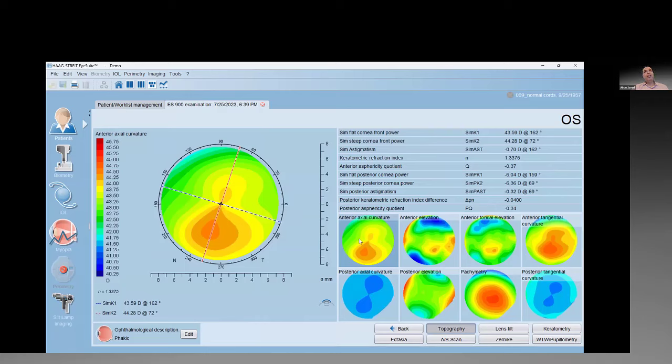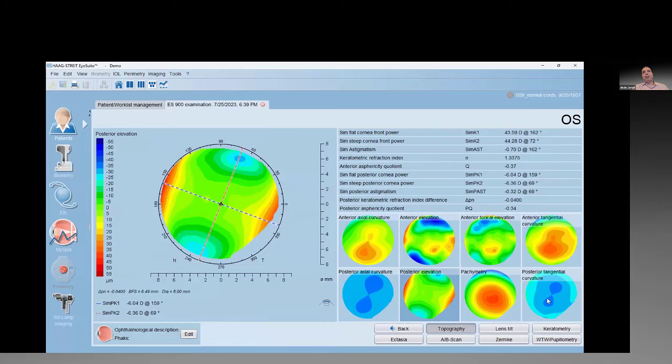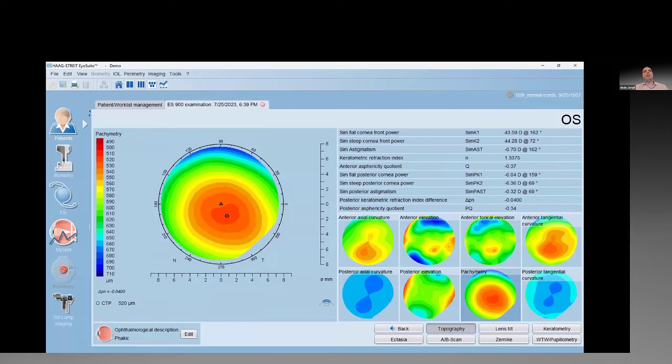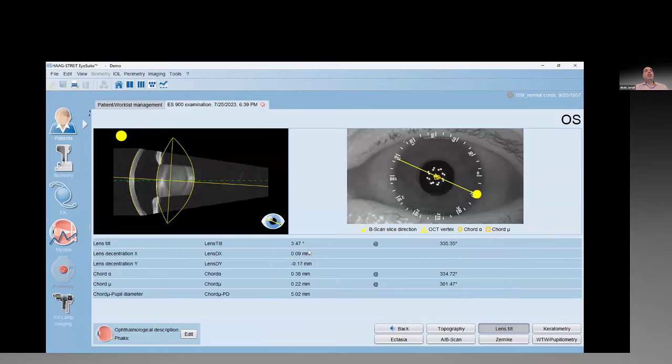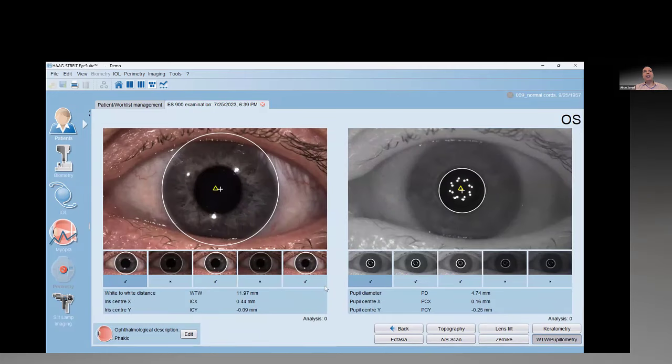So here for topography, as I showed you, we have all the maps for the anterior and the same for the posterior plus the pachymetry map. Lens tilt shows the lens tilt, the chord, and where the lens tilt axis is. Then from white to white, I can also check the decentration, the angle alpha and the angle kappa.